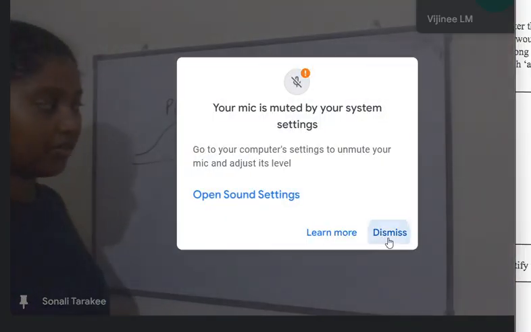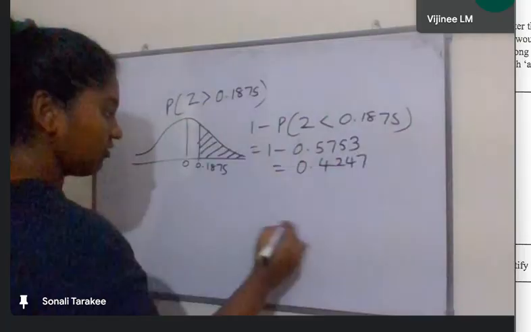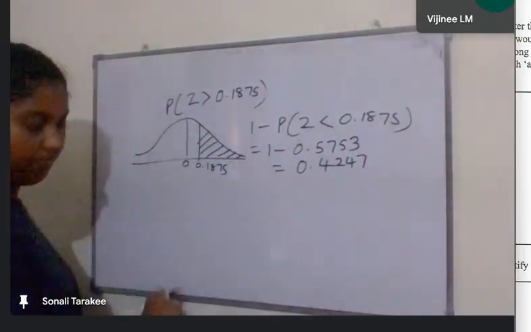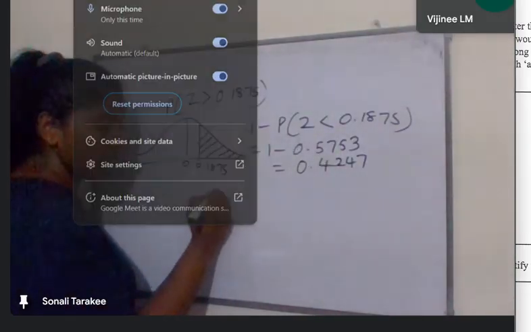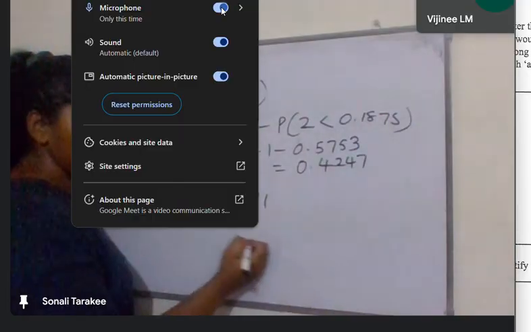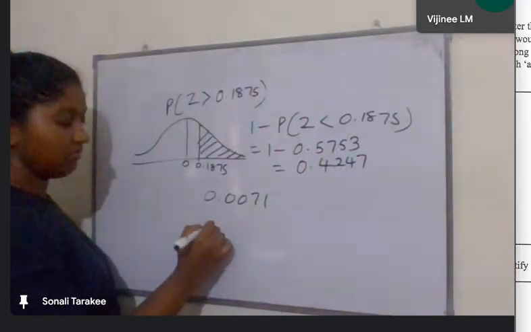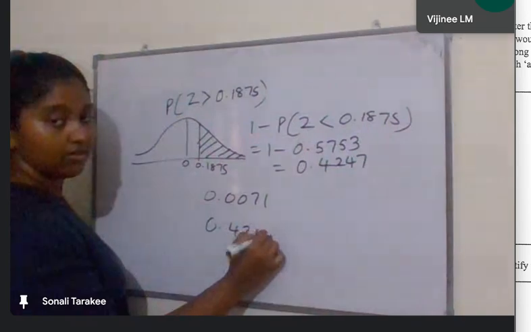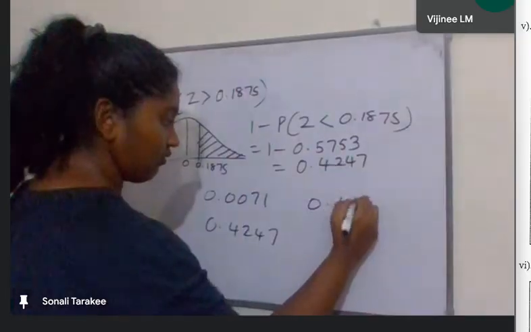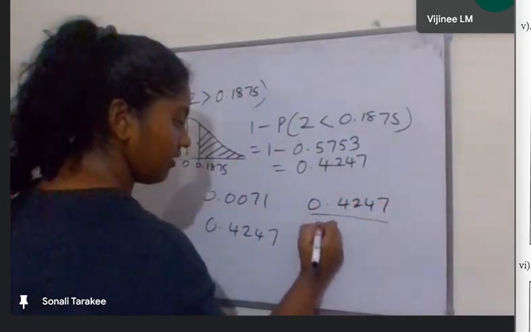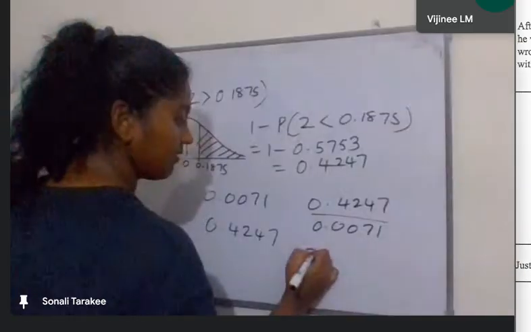Now they are asking the factor, no? How the factor increased now. Previously, the probability of him passing was 0.0071. Now the probability is 0.4247. So how to find the factor? 0.4247 divided by 0.0071.